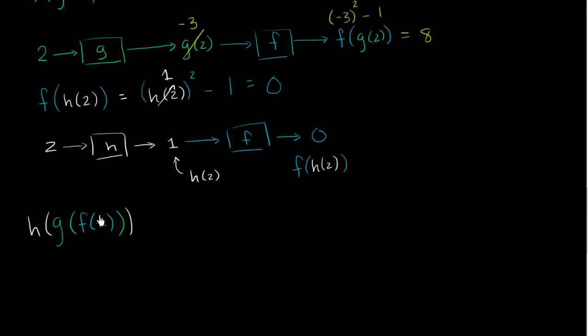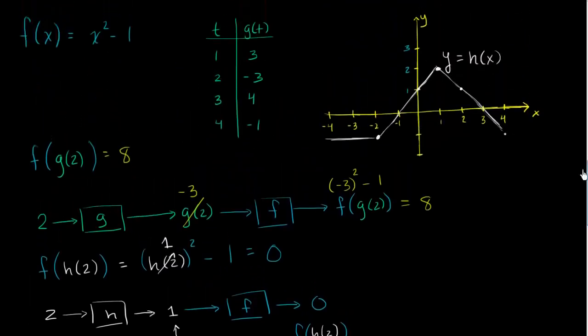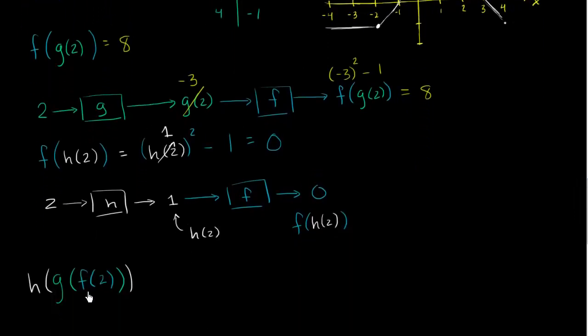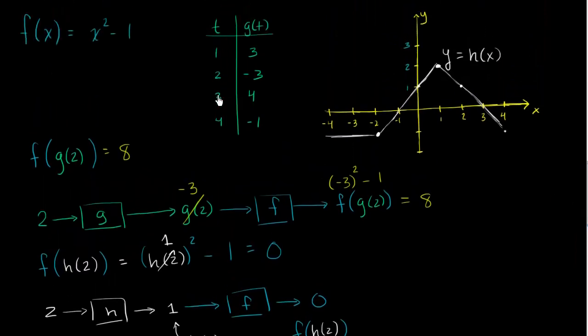There's a bunch of ways we could do this. One way is to just try to evaluate what is f of 2. Well, f of 2 is going to be equal to 2 squared minus 1. It's going to be 4 minus 1, or 3. Now what is g of 3? When t is equal to 3, g of 3 is 4.